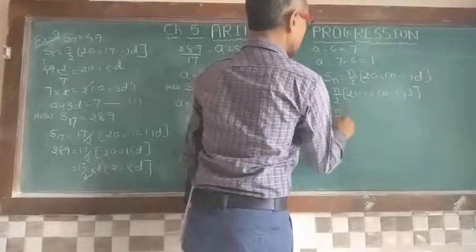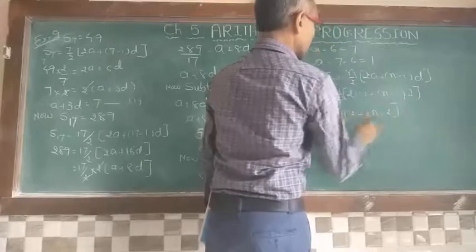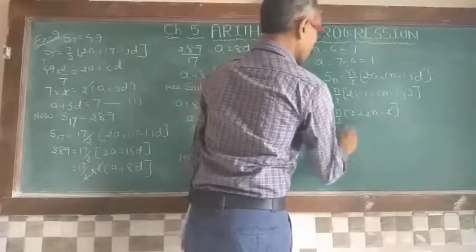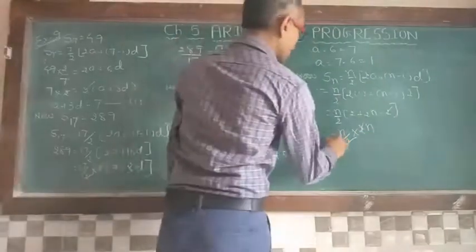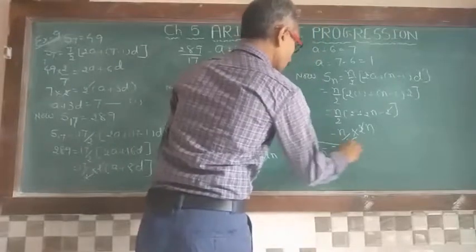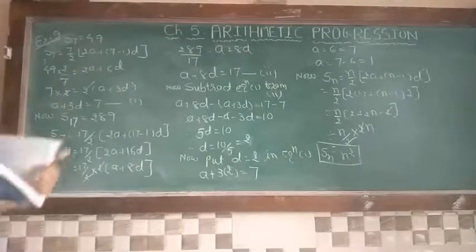So n by 2 into 2 plus 2n minus 2. Plus 2 minus 2 is cancelled out. So n by 2 into 2n. 2 is also cancelled out. That means your answer is n square. So sum of nth terms is n square.